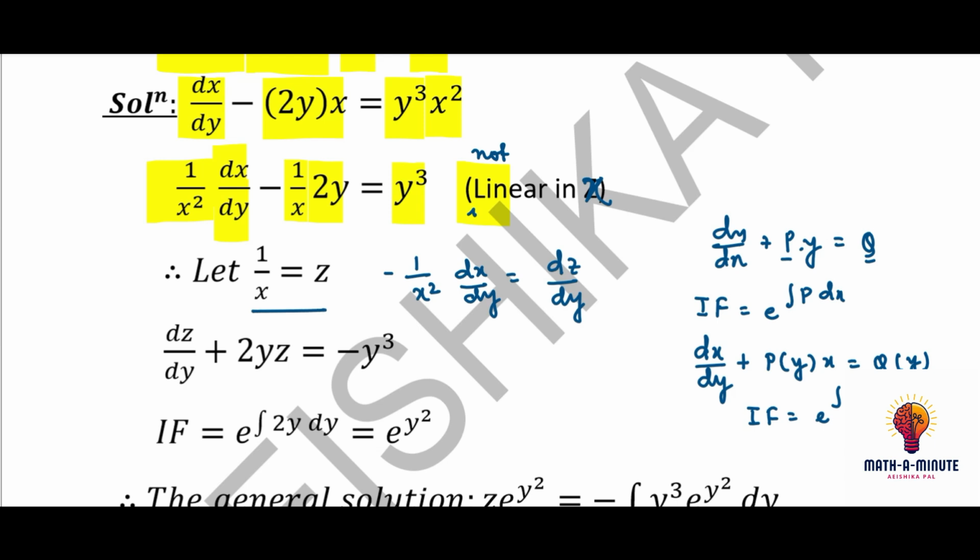Therefore, this equation becomes dz/dy + 2y z = -y^3.